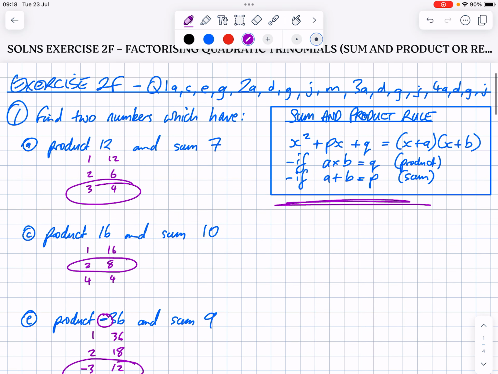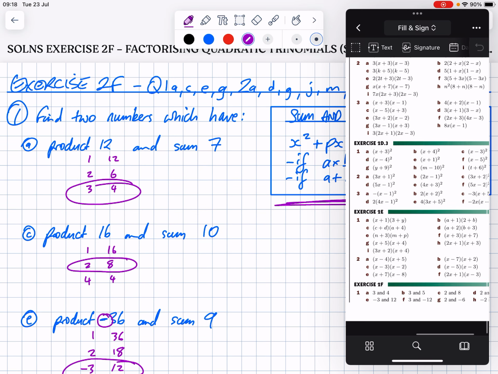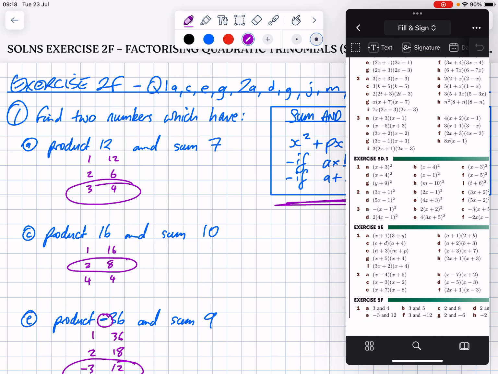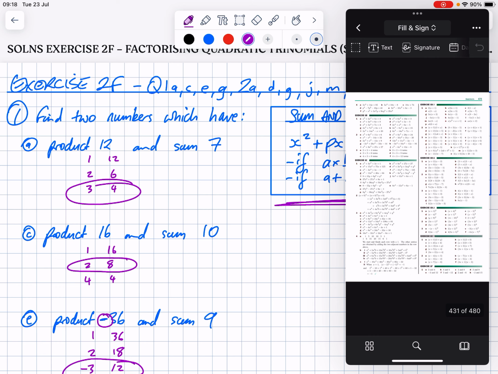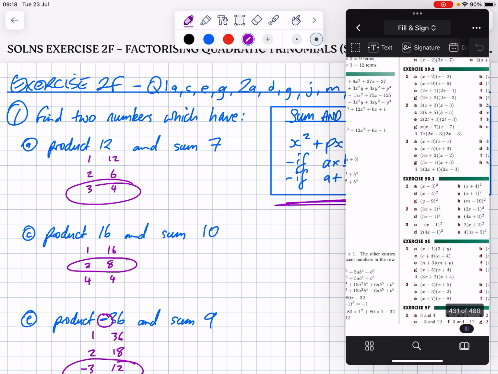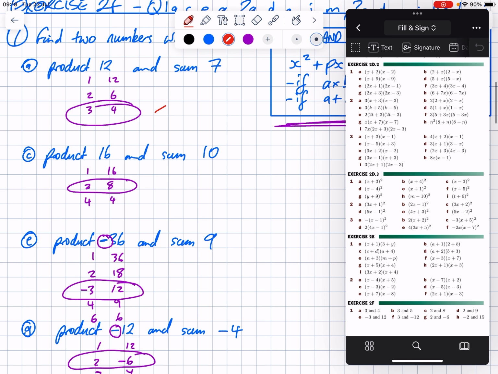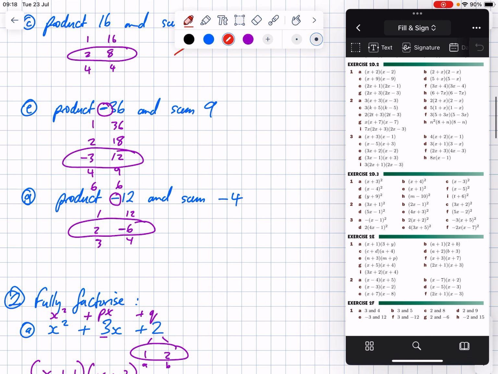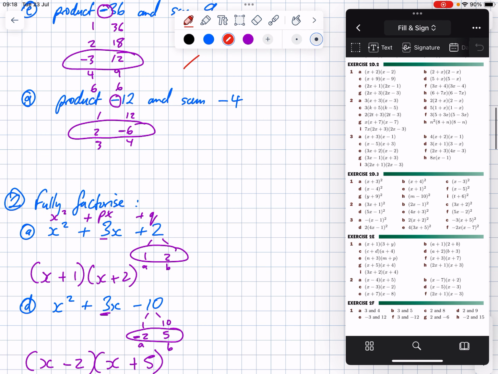Let's check the answers to this. So this is 2f. F starts here: 3 and 4, yes. C, 2 and 8, yes. E, negative 3 and 12, yes. G, 2 and negative 6.